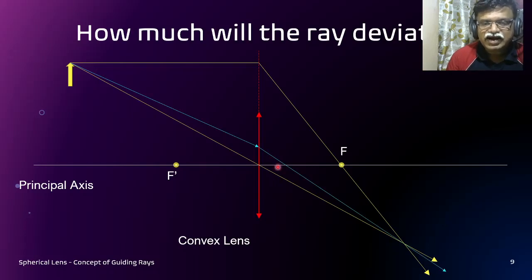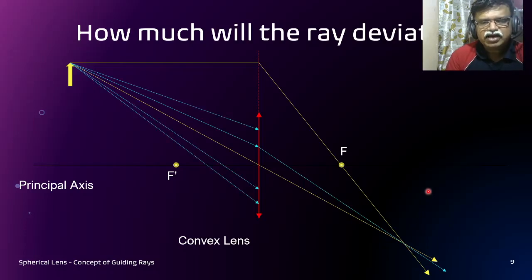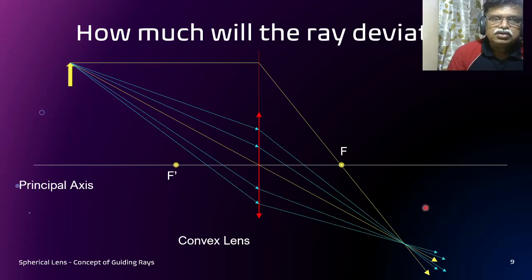This ray will get deviated by a small angle, and it will pass like this. You can then say that all sorts of rays incident at various different angles will ultimately have to pass through the same point over here, and they will go like this. So guiding rays help us decide, after passing through the lens, where the image will be formed.